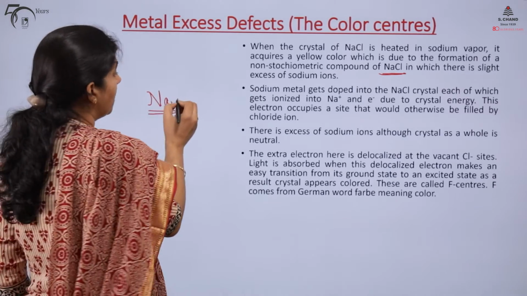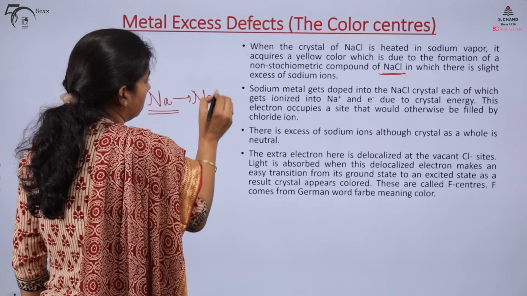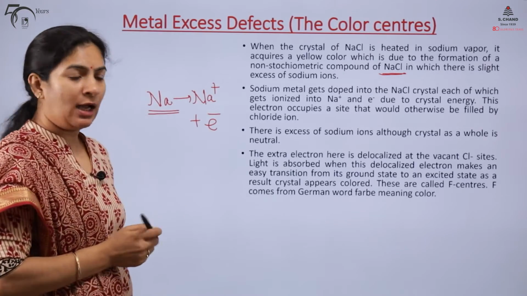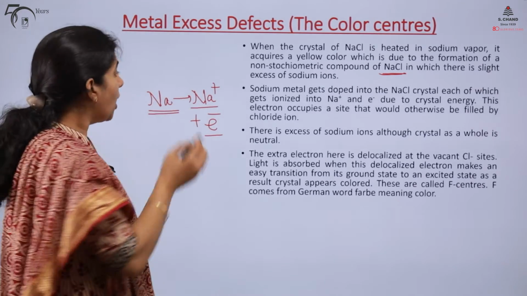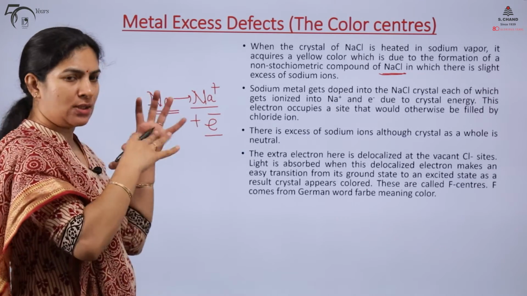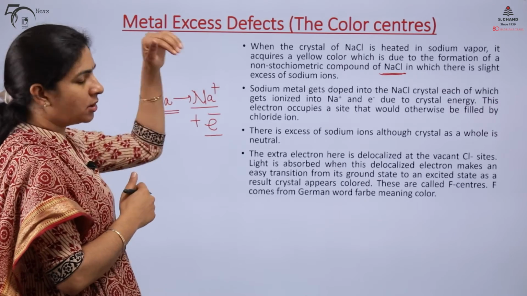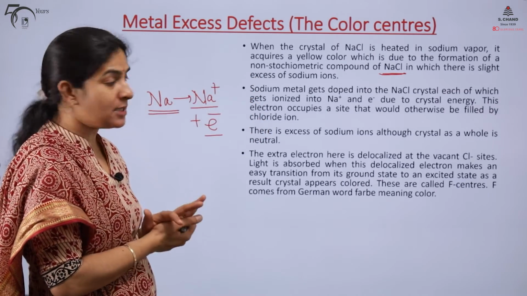At high temperature, this sodium metal will get ionized. So we will have sodium ion and electron. Now this sodium ion which is present outside will get doped into the lattice structure of NaCl.